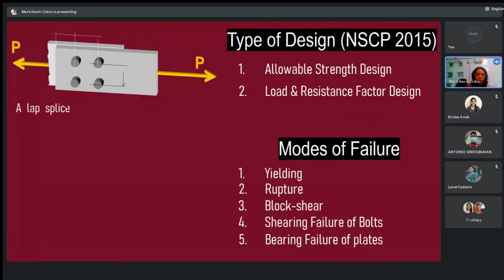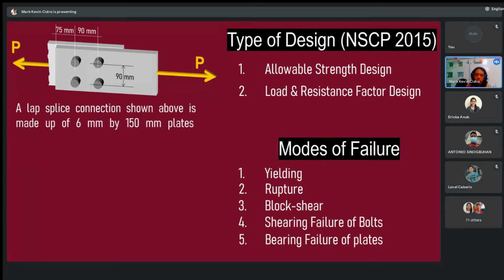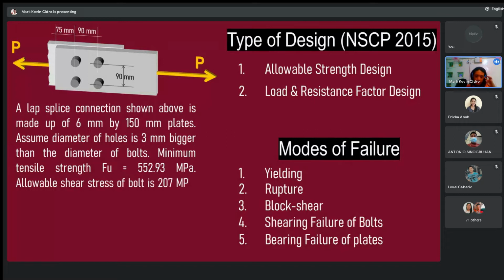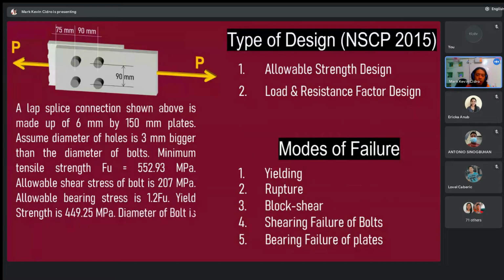Let's have an example. A lap splice connection shown above is made up of 6 mm by 150 mm plates. Assume the diameter of the hole is 3 mm bigger than the diameter of the bolts. The minimum tensile strength, Fu, or the ultimate, is equal to 552.93 megapascal.